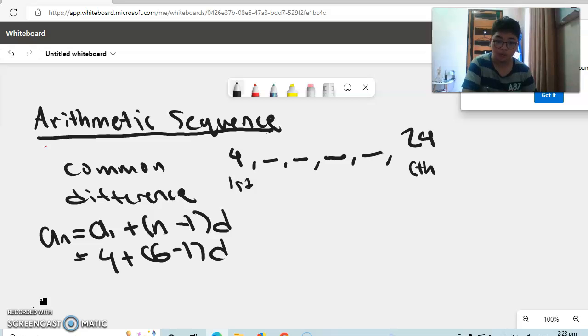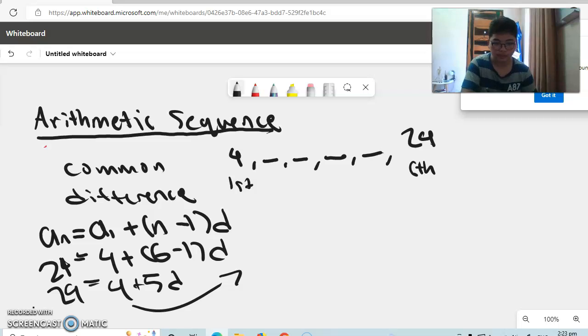We don't know the common difference, but we know the a sub n, which is 24, since we're using that as our sample. Okay, now 6 minus 1 is 5, plus 4 equals 24.